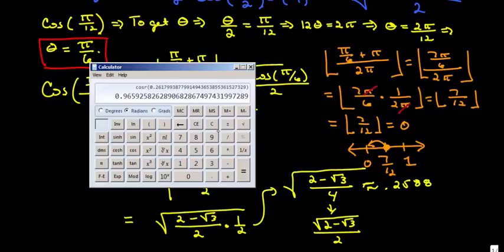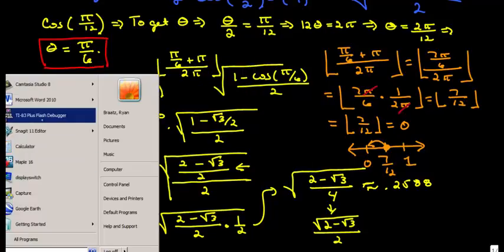So let's try what we got here. So this will be 2 minus the square root of 3, hit equals. Take the square root of that number, hit equals. Divided by 2. I'm not enjoying this calculator because that's not right.